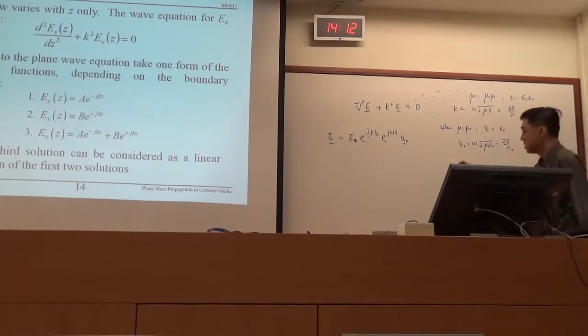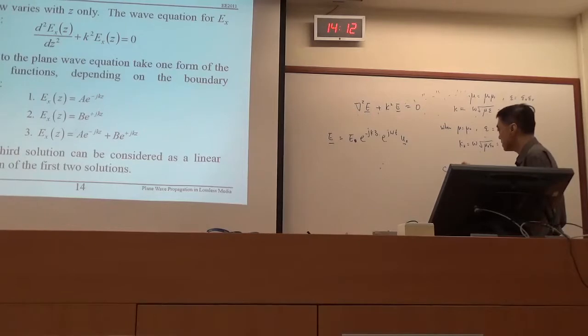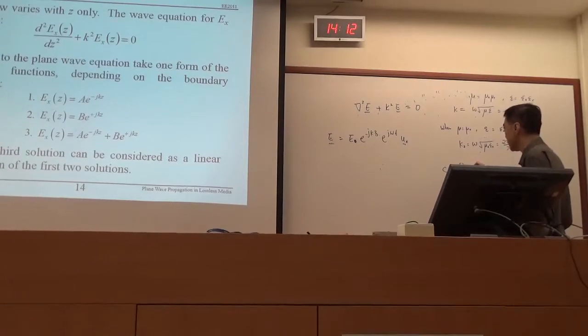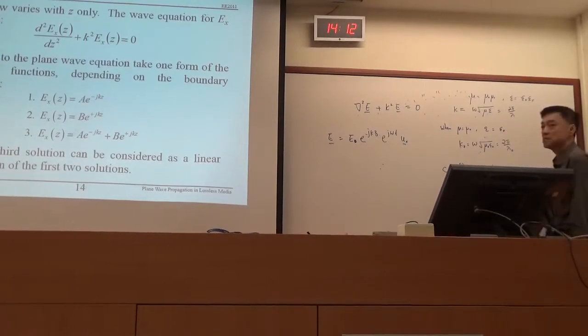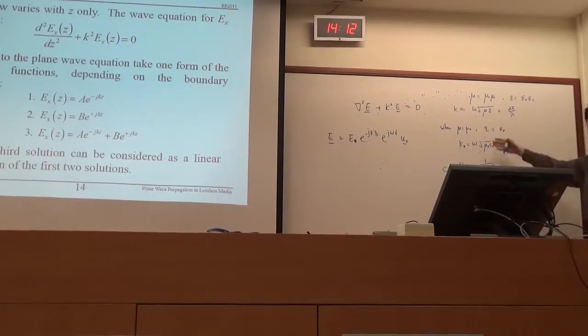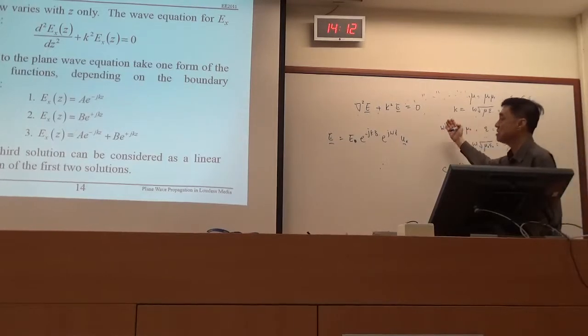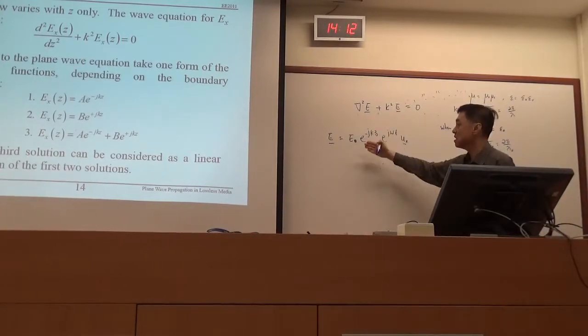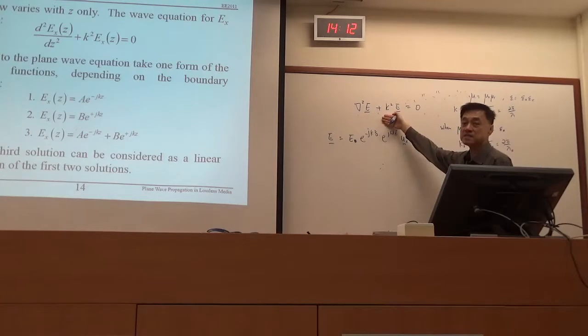Similarly, the velocity c is equal to ω/k0, which is equal to 1/√(μ0ε0). Now, all these relationships can be obtained by substituting into these wave equations.